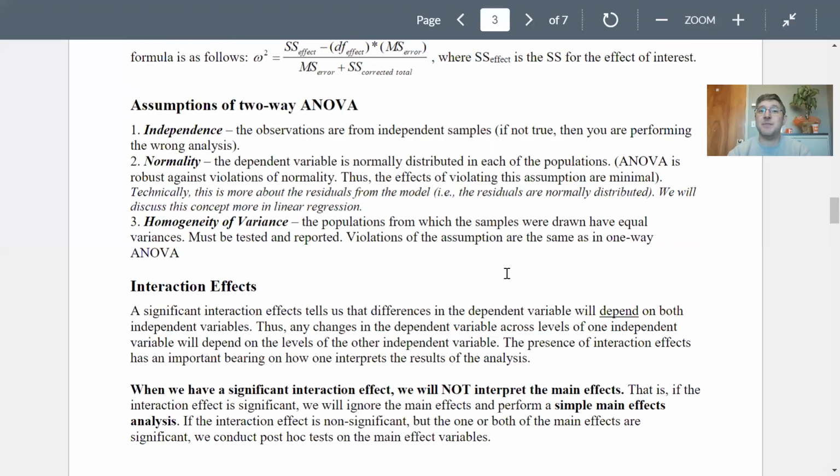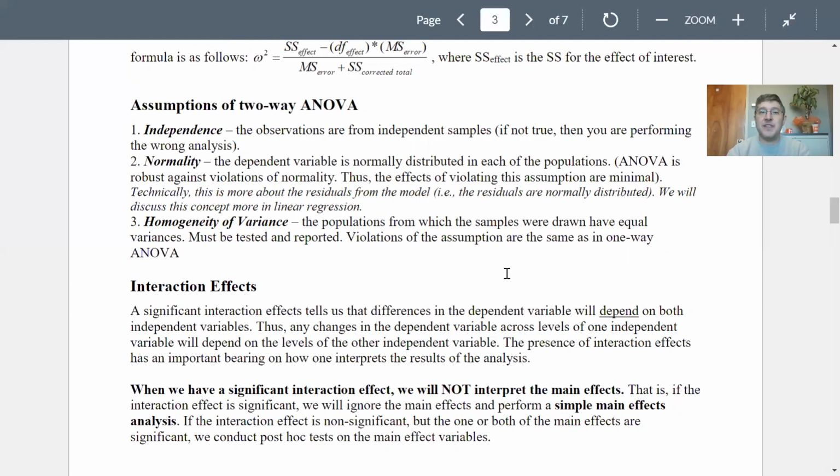We assume that the dependent variable is normally distributed in each one of the populations. ANOVA is generally robust against this assumption, so violations of it are minimal, especially as your sample size gets larger, thanks to the central limit theorem.